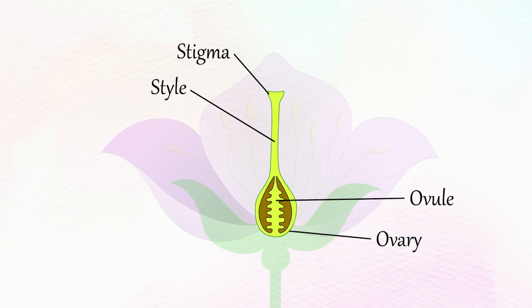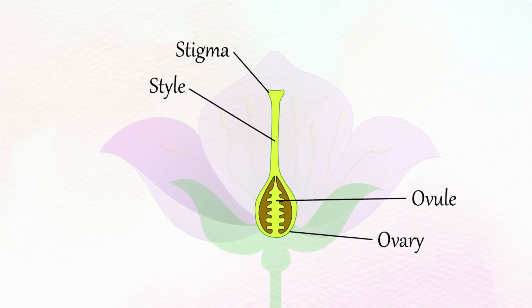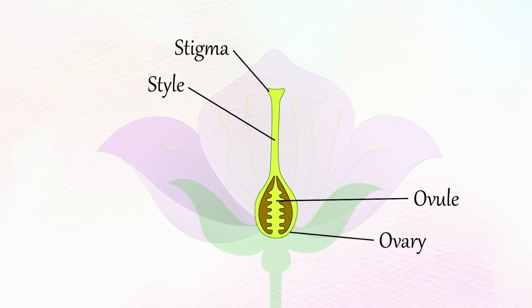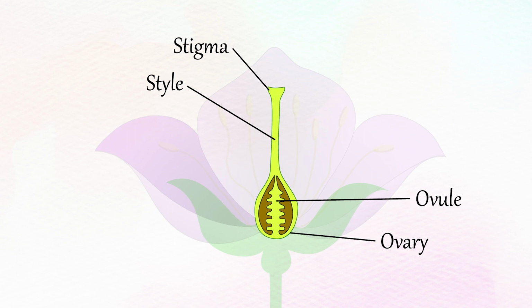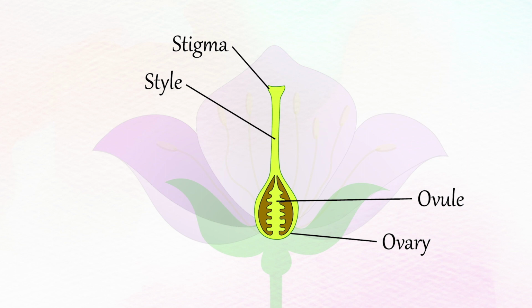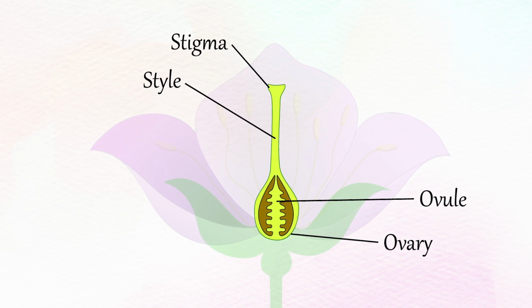From the stigma, the pollen then travels down the style, which is a tube that connects the stigma to the ovary. And the ovary is the female reproductive organ that contains the ovules, which can develop into seeds when they become fertilized. And then over time, as the ovary ripens, it will mature into a fruit.